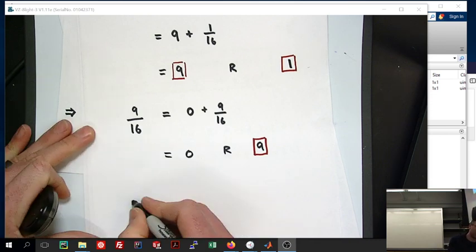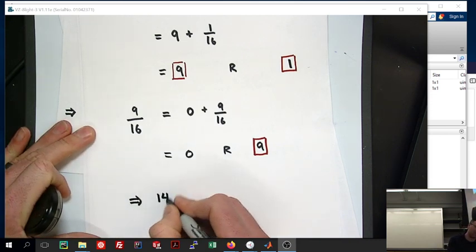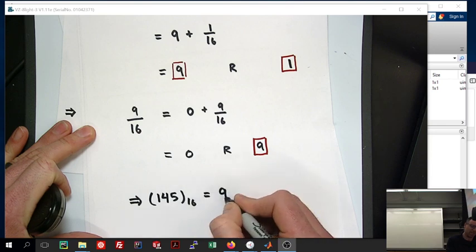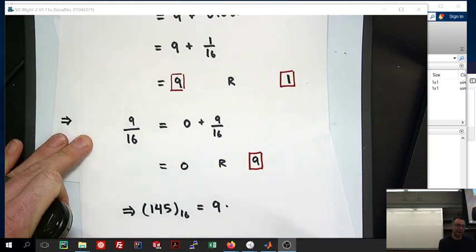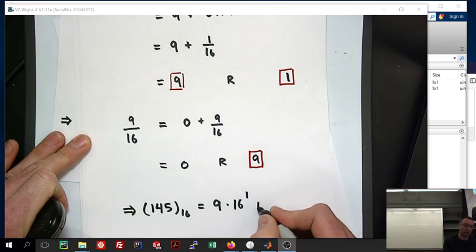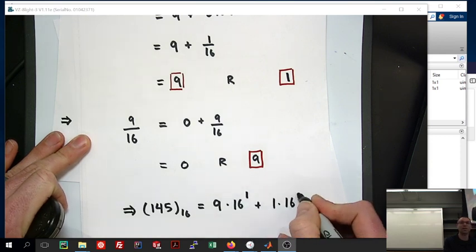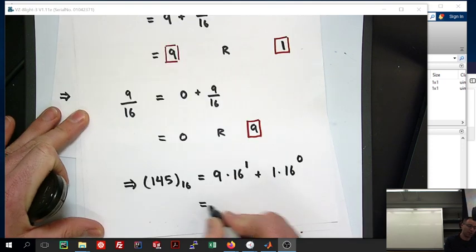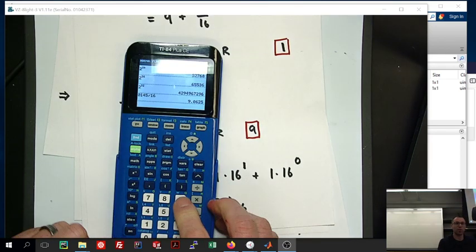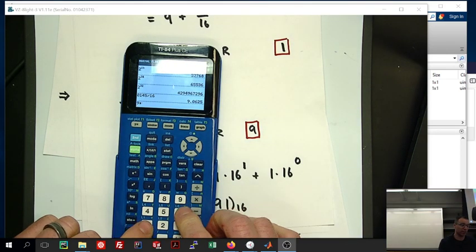So what's the hexadecimal representation of this number? Nine times 16 to the 1 plus 1 times 16 to the 0, which must be 91. Let's go ahead and check that so that you know that I'm not smoking anything, or if I am, that it's really good stuff, right?